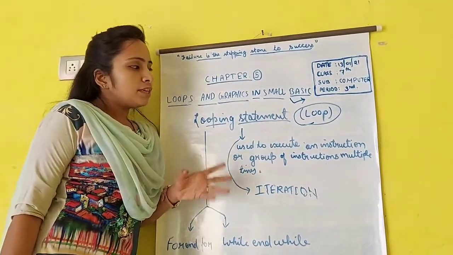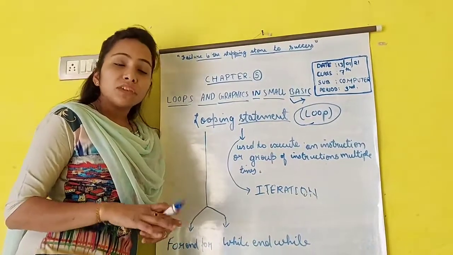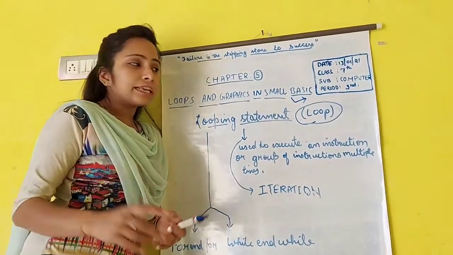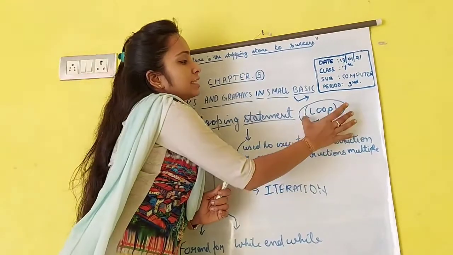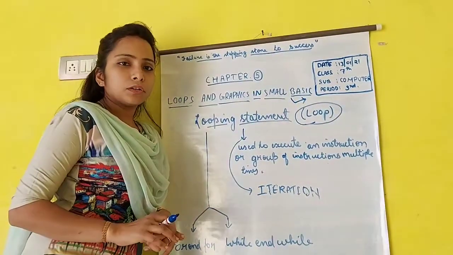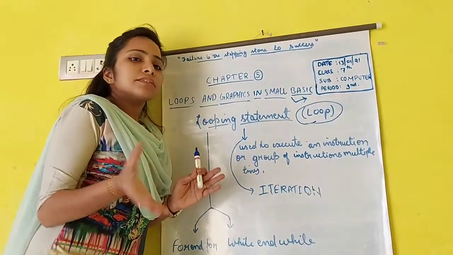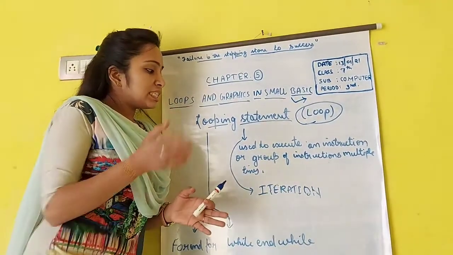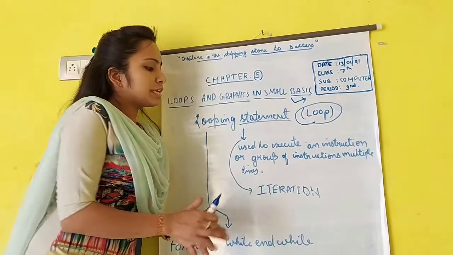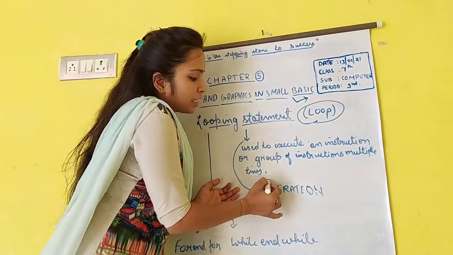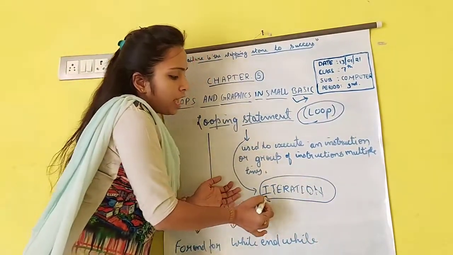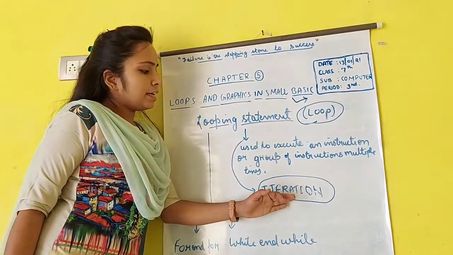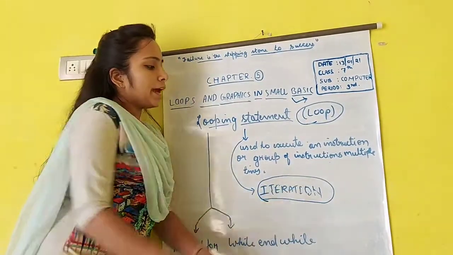Whatever things in the program we want repeated again and again, we write inside the loop. And this execution of statements inside the loop is termed iteration.